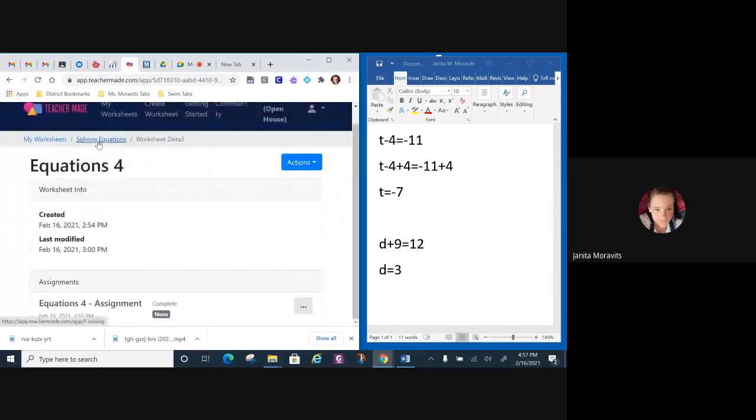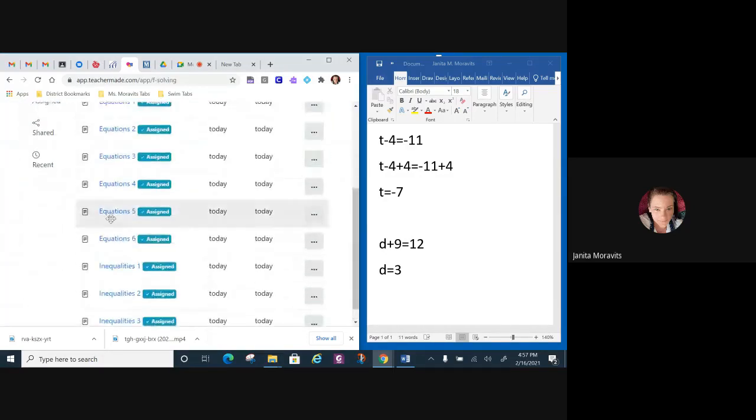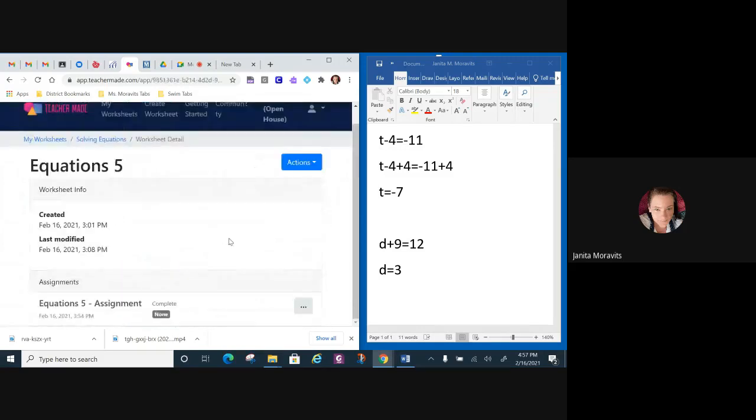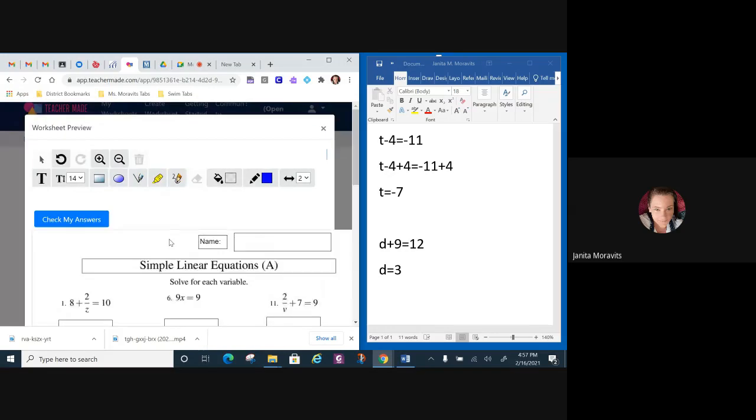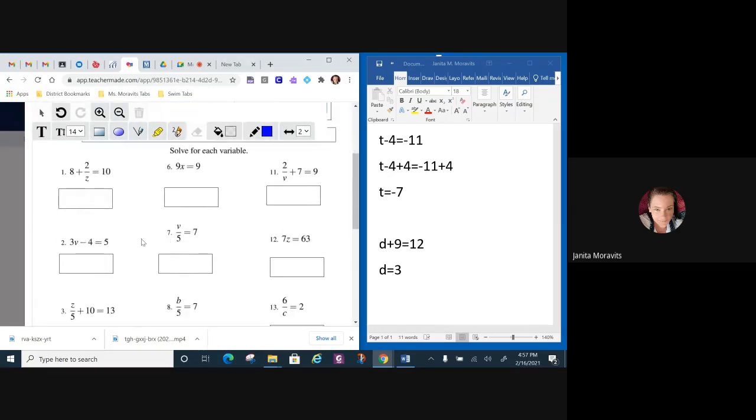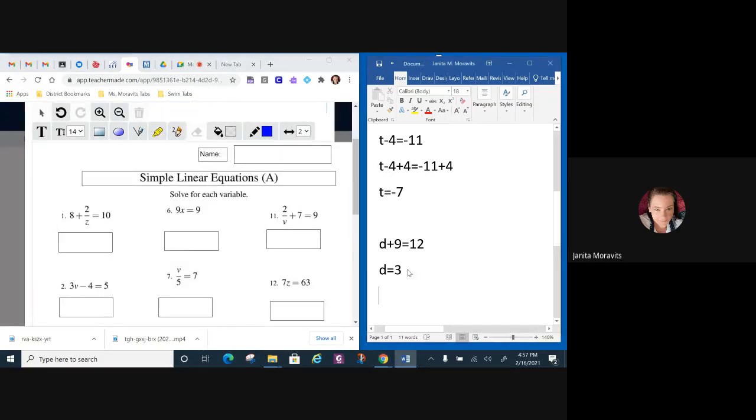So let's take a look at equations 5. These are going to look a little bit different, but that's okay. All right. Here we go. We're going to move on a little bit down here. We have 8 plus 2 over z equals 10. Well, remember what we said we had to do to get rid of a number on this side. If this is an 8 and it's been added, it's positive, we need to subtract it.